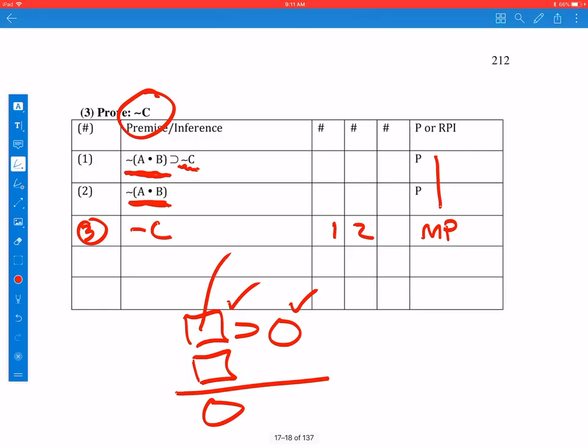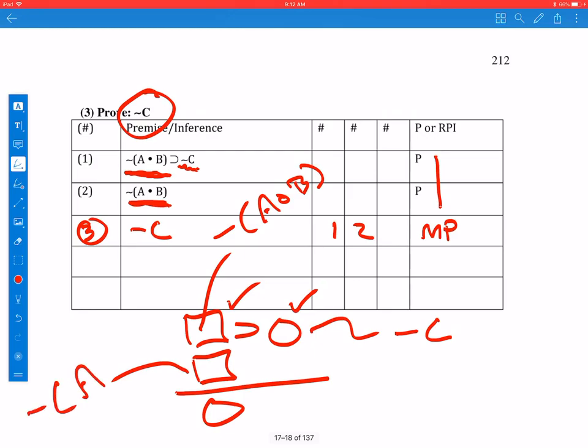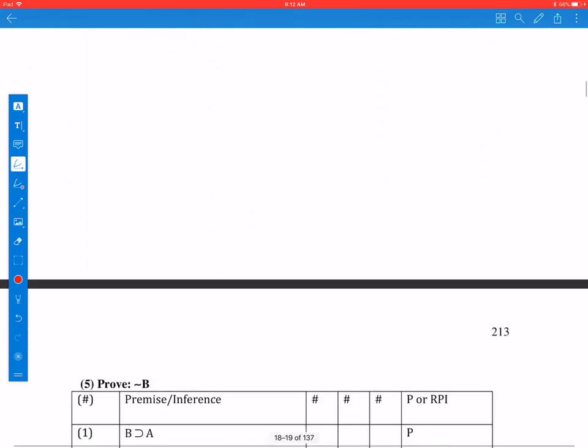In this case, the blah happened to be not both A and B, and the ka-ching, as it were, is the not C. We had an instance of the not both A and B, and so we were able to conclude not C by modus ponens. All right, let's move on.